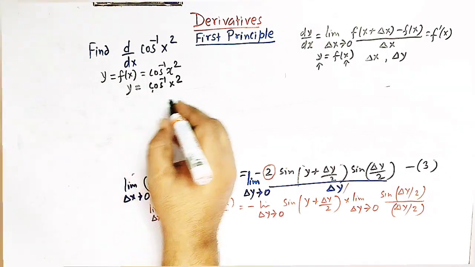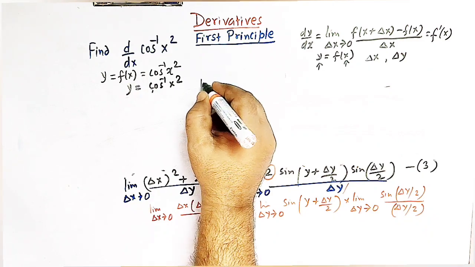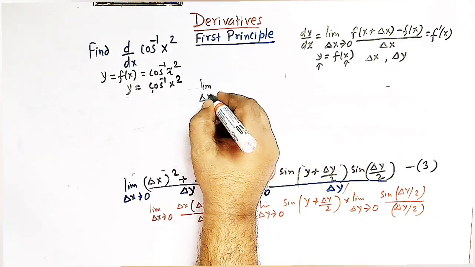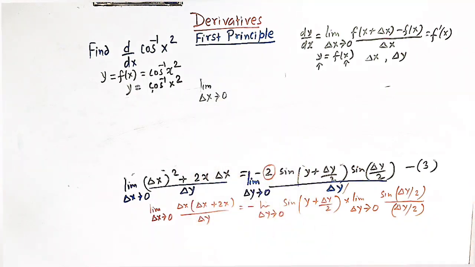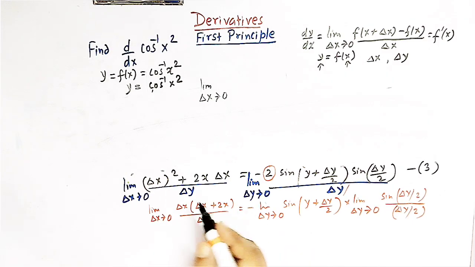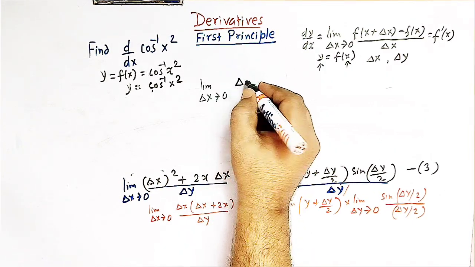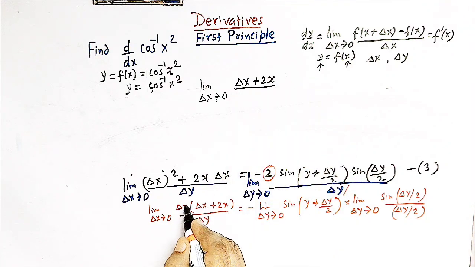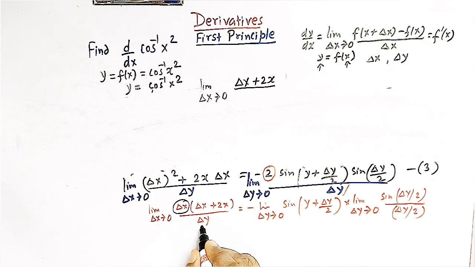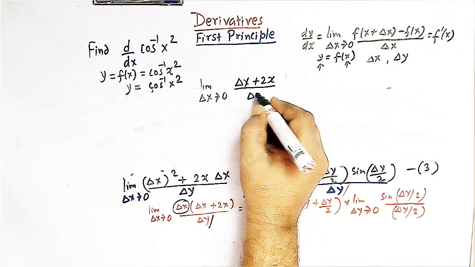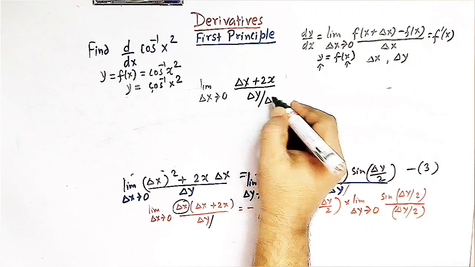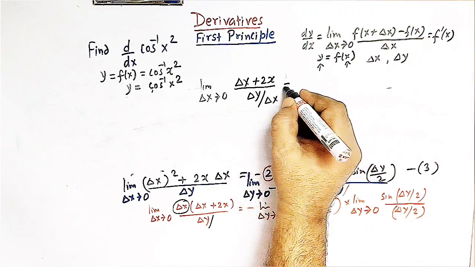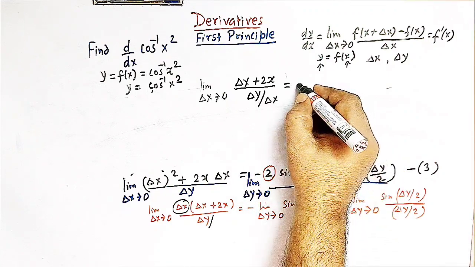So now we can write limit, and then we have delta x tends to 0, and here we have delta x plus 2x, and see this delta x can be taken to the denominator of delta y, right? So here we have delta y over delta x, and now here we have minus.